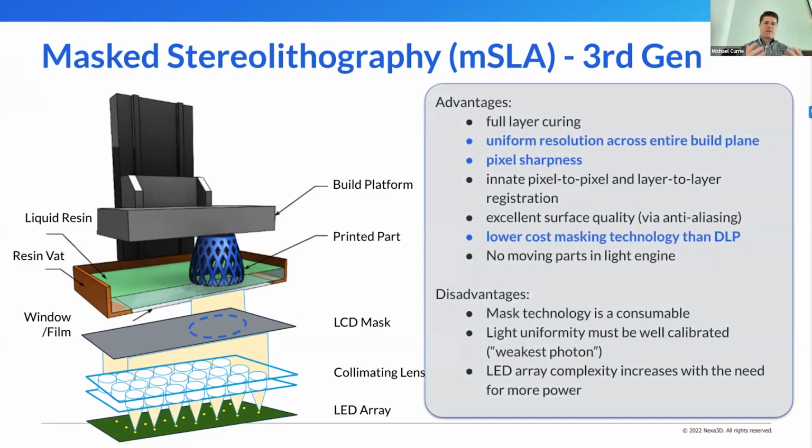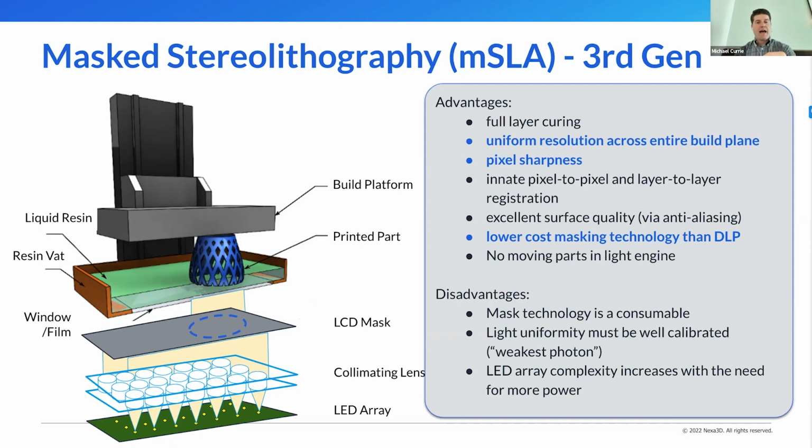And the great thing about this is you're still curing a full layer at a time, but there's no projected angle issue here. So across your whole build volume, each pixel is going to define basically a perfect pixel.